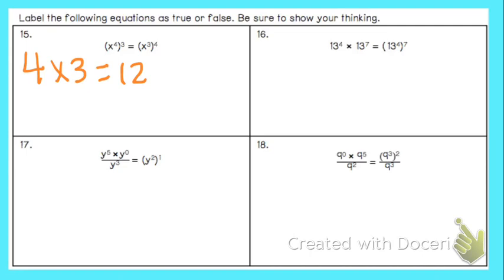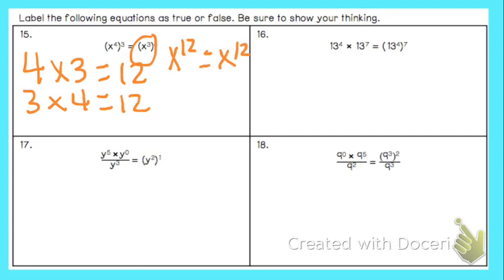So I end up with x to the 12th power. And then for this one, 3 times 4. That also gives me 12. So this is true. They do equal each other. So we're going to do that on 16, 17, and 18.